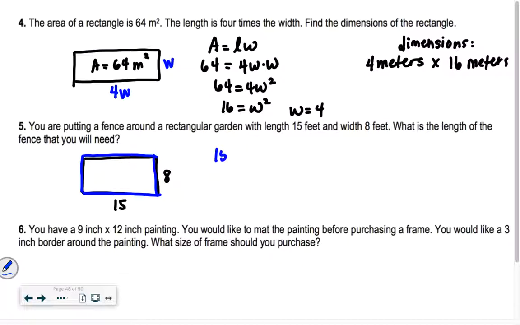So we have 15 plus 8 plus 15 plus 8 is our perimeter. Okay, so 23 plus 23, so 46 feet is how much you need.